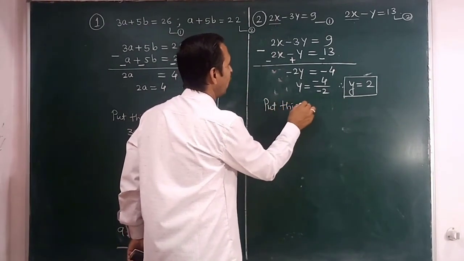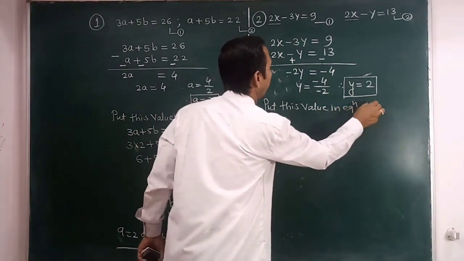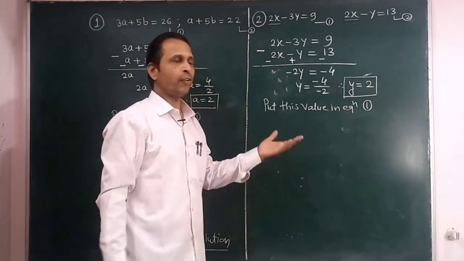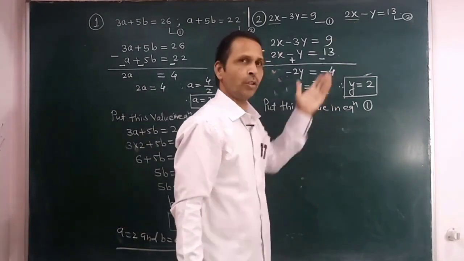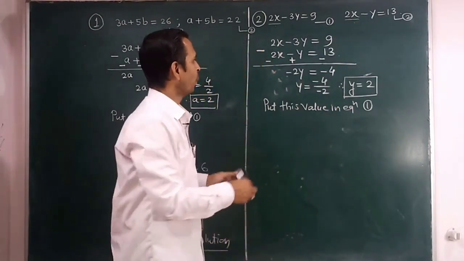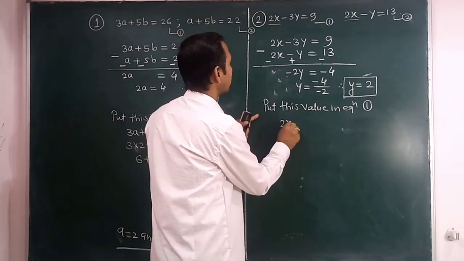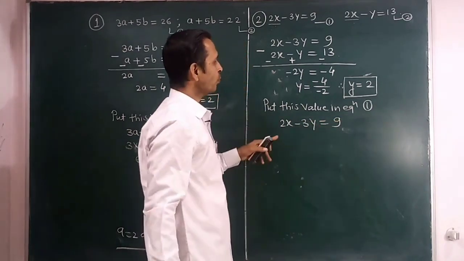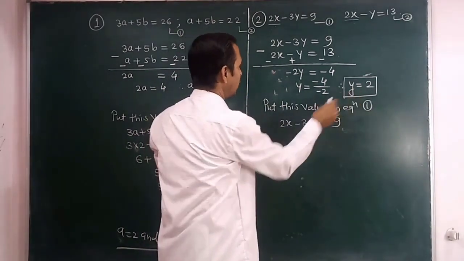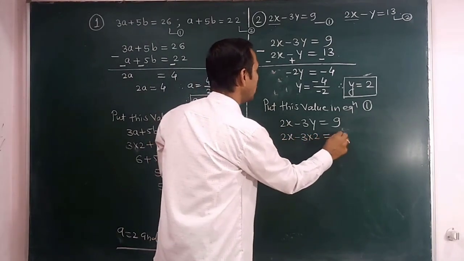Now put this value in equation 1 or 2. If you put the value in equation 2, you will get the same value again. Now equation 1 is 2x - 3y = 9. Put y = 2. 2x - 3 into 2 = 9.